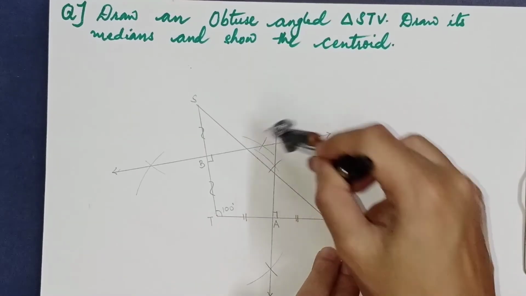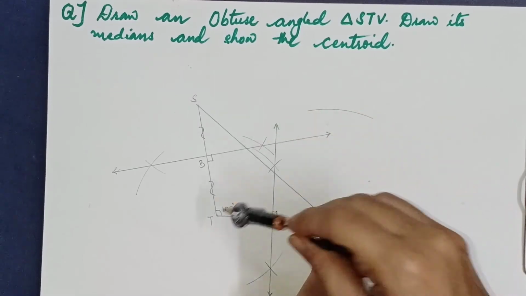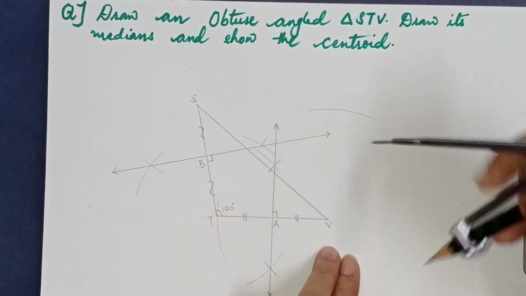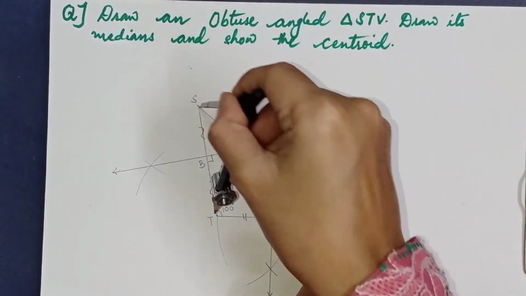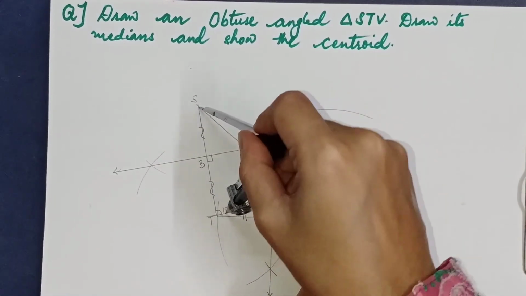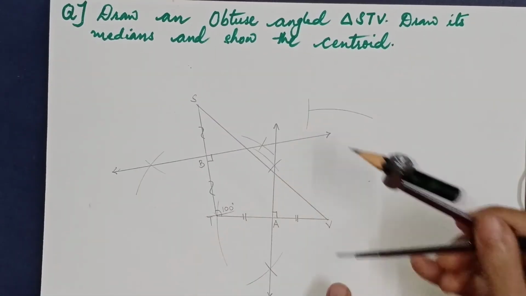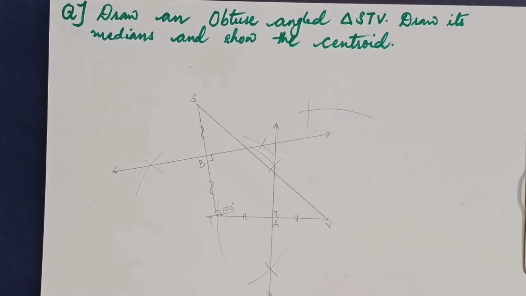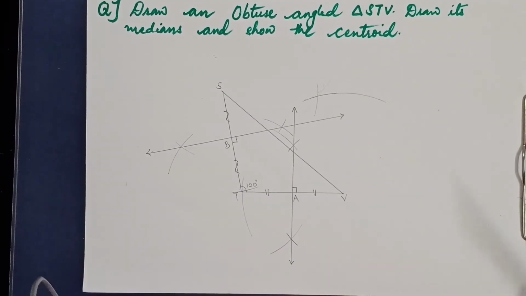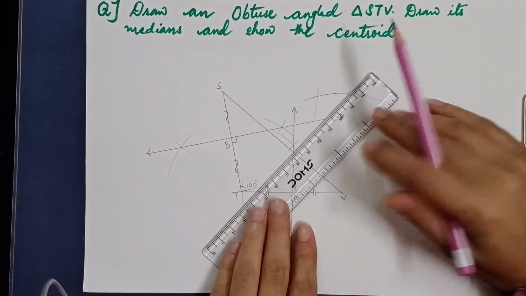So I have already taken more than half, so I'll try to cut it. As you can see, it's not getting cut, so I'll again keep it at V and I'll extend it like this. So once you get the intersection point, just try to connect.